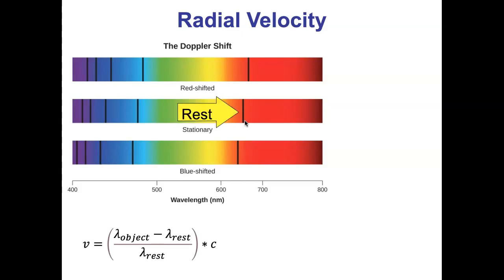And so you say, okay, well, there's the spectrum at rest. If that line is right where it is for all hydrogen, right? If hydrogen at rest absorbs light right there, and that's where you see your star, then you know that star is not moving toward me or away from me. That star is at rest. But if that same hydrogen line, and the entire spectrum, is shifted toward the red, then you know the star is moving away from you.